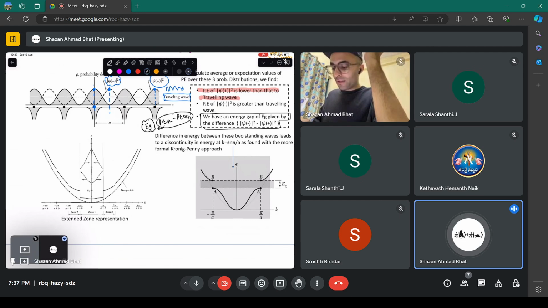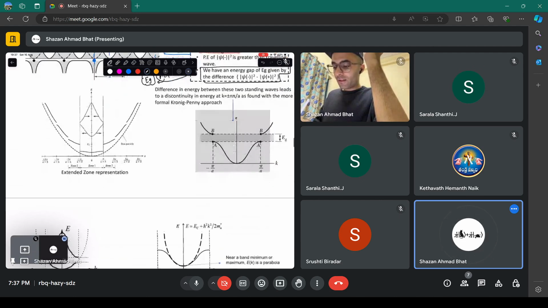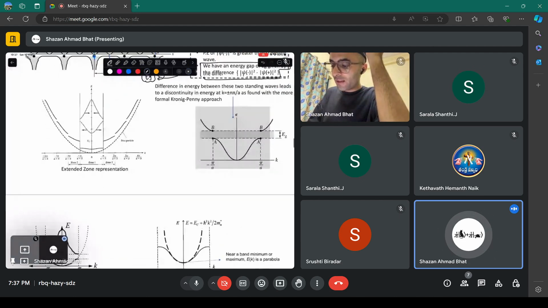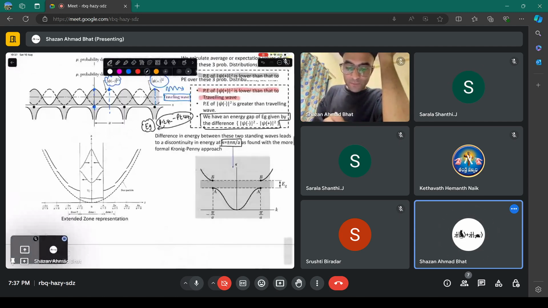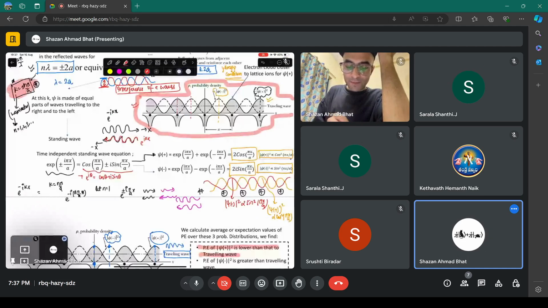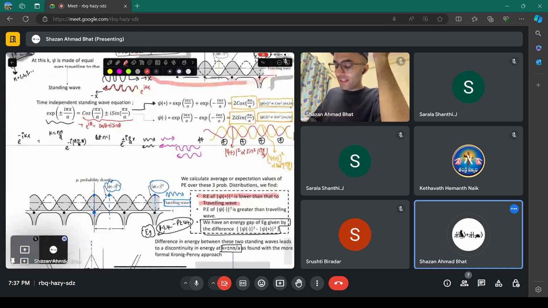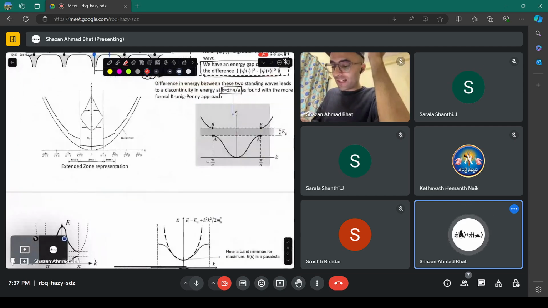Now, earlier we found that k equals n pi by a; k is discretized in terms of integer multiples of pi by a. So there is a gap which arises. Earlier for a free particle, the E-k looks something like this, continuous.